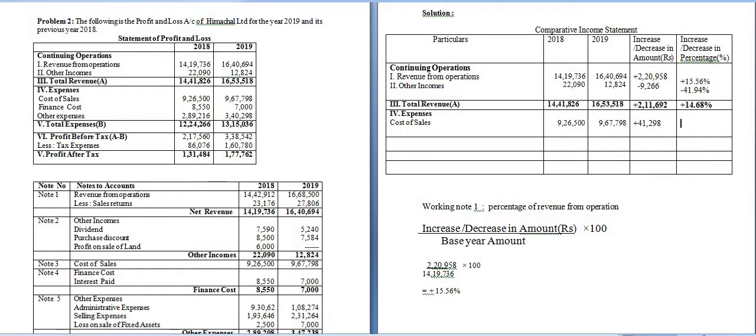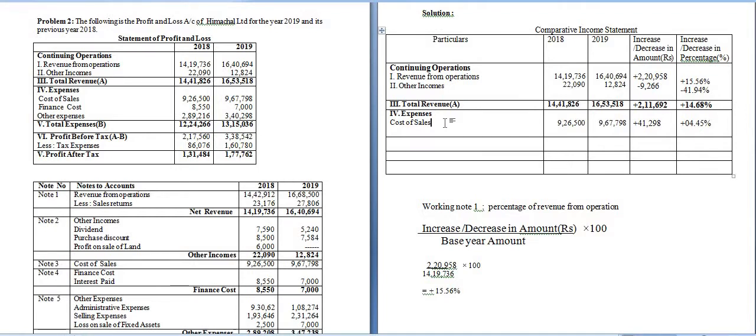Now the percentage: 41,298 divided by 9,26,500, which is equal to 4.45 percent.